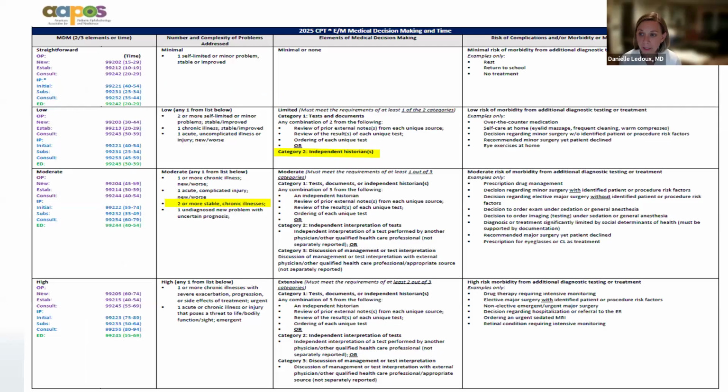So when we think about how to use this grid specifically for this child, we know that there's 2 or more stable chronic illnesses that they have. Depending upon what I've presented for data, what you have accompanying her is a parent who's going to give the history. There may be times when you have been reached out to by the rheumatologist, or where there may be specific things that you are reviewing about this child's health history in your medical record system.